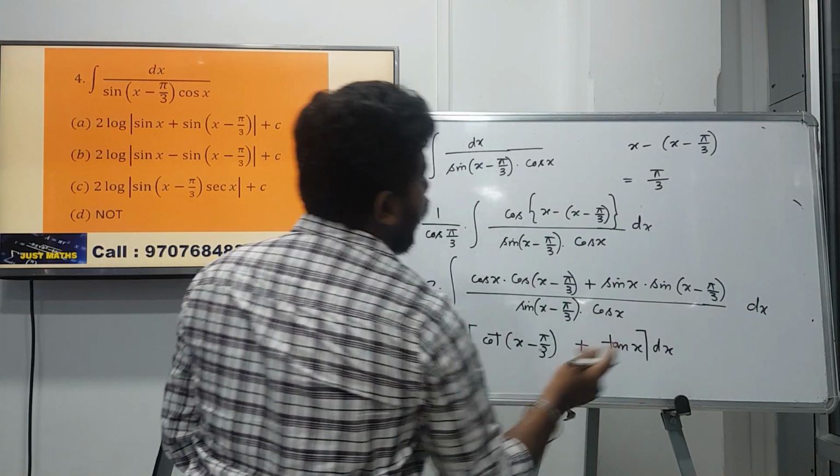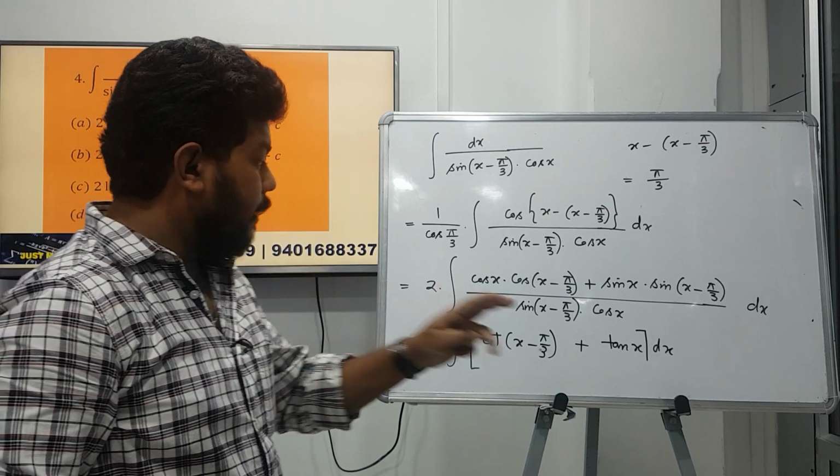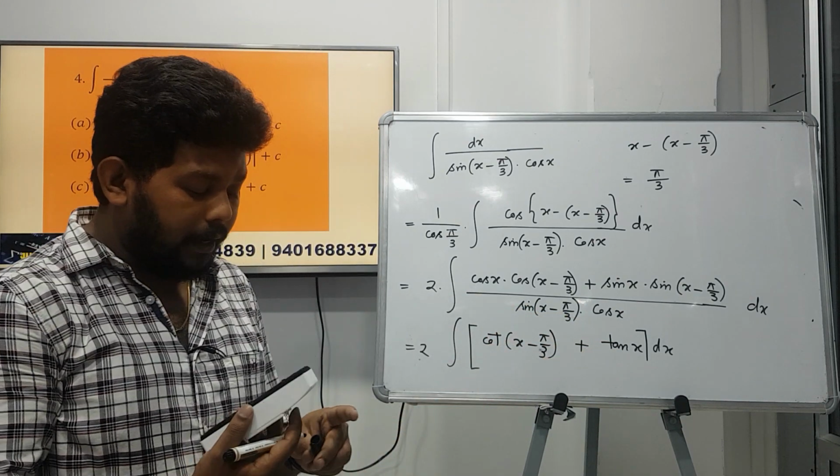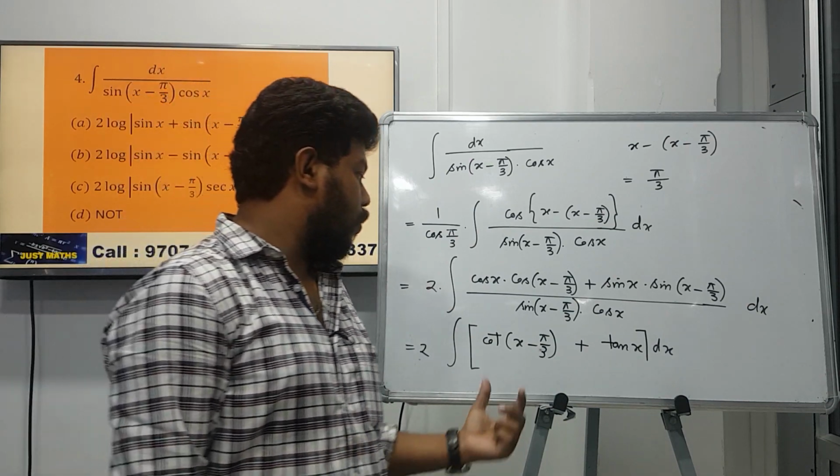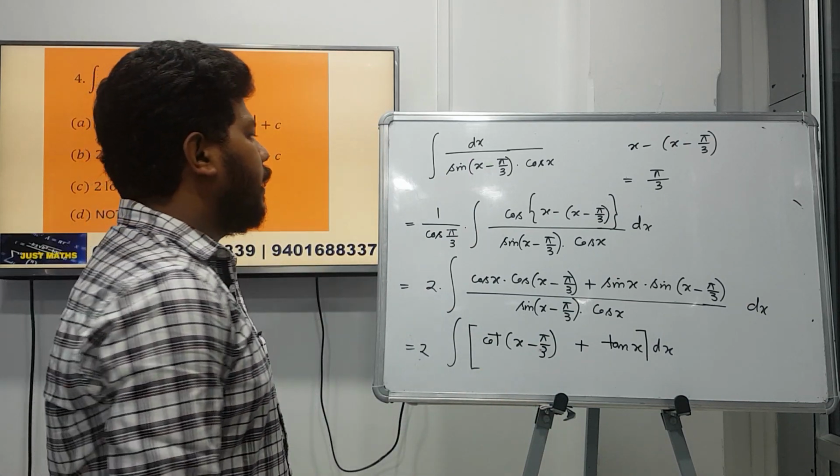Now, we know the formulas for tan x and cot x. The integral of tan x is log of sec x, and the integral of cot x is log of sin x.